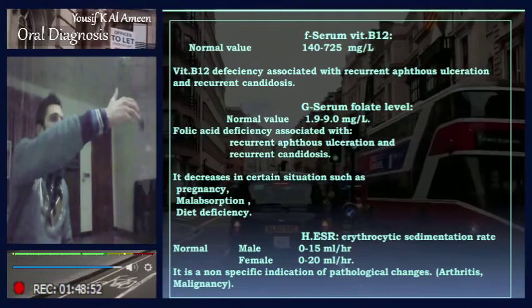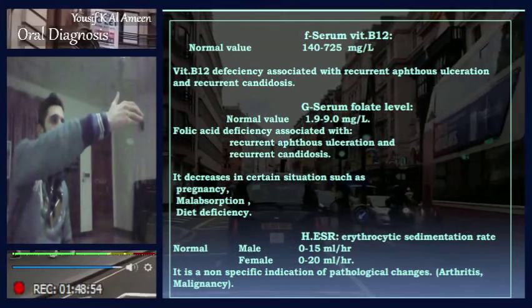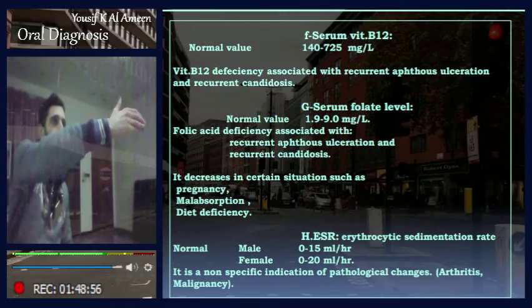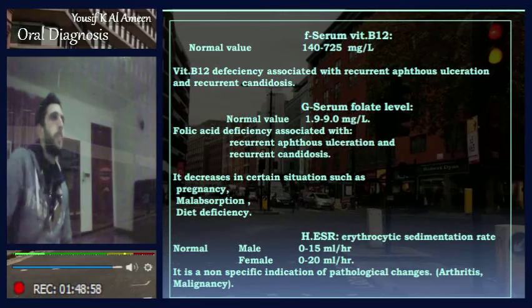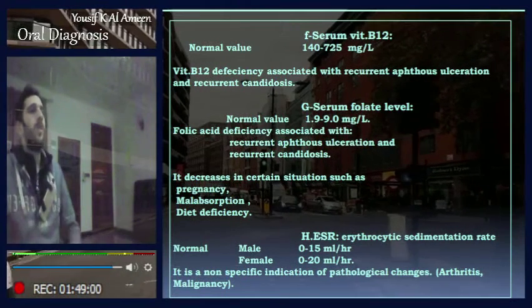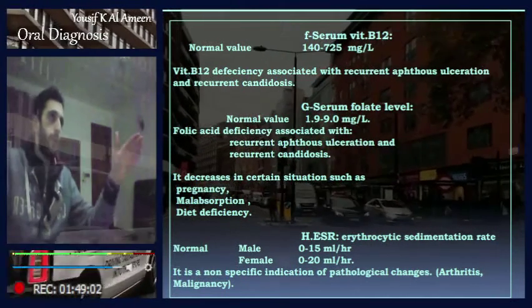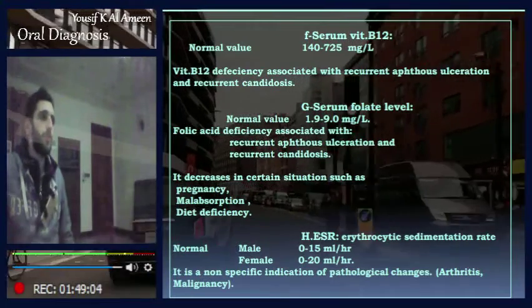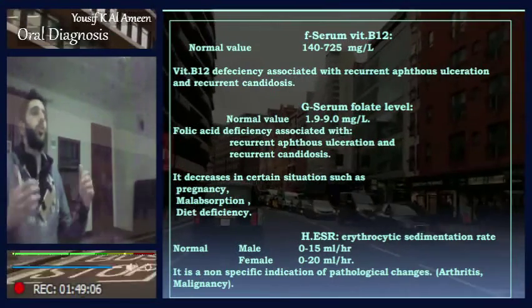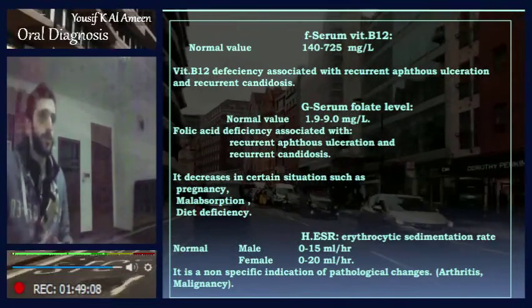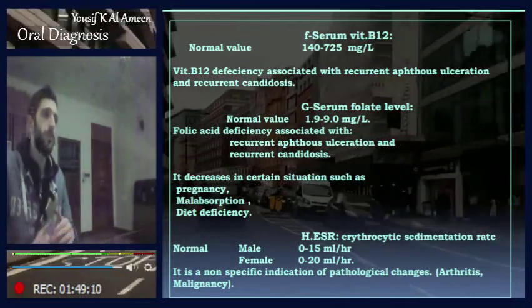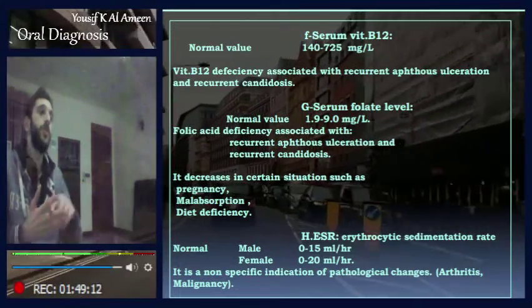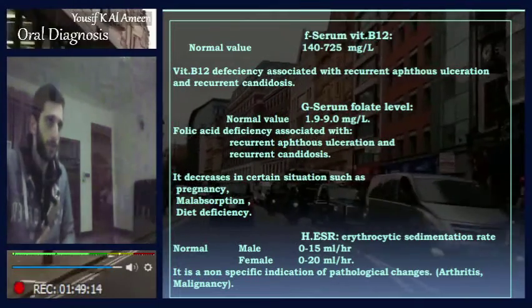For serum folate level, we have a normal value of 1.9 to 29. Folic acid deficiency is associated with recurrent aphthous ulcers and recurrent candidiasis, and it decreases in pregnancy, malabsorption, and diet deficiency.